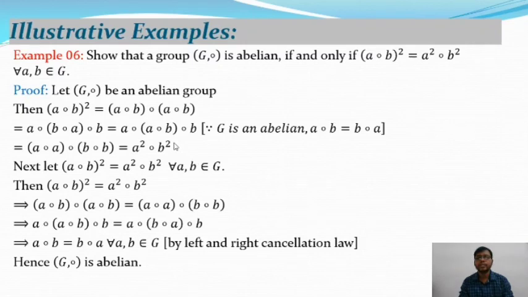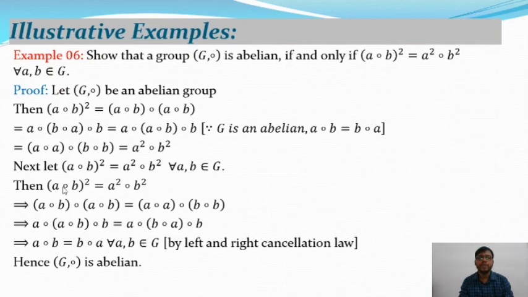And next, conversely, let (A ∘ B)² = A² ∘ B², to show that (G, ∘) is an abelian group for all A belongs to G. So then (A ∘ B)² = A² ∘ B².